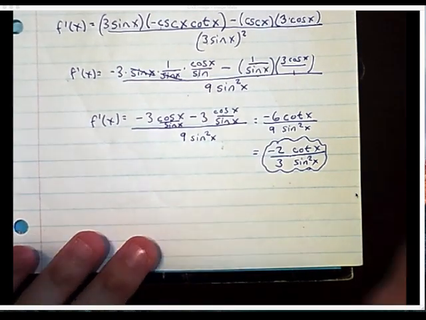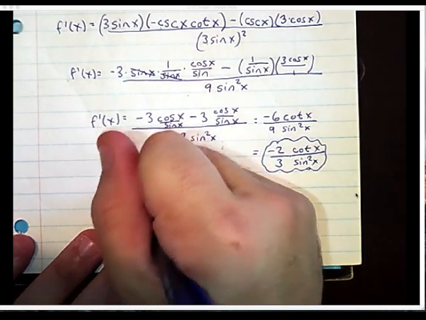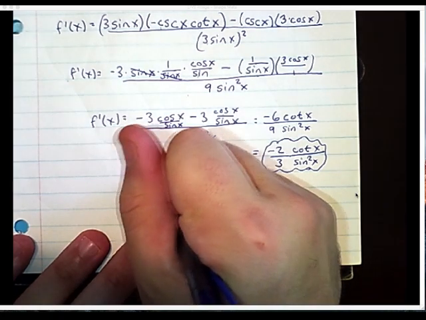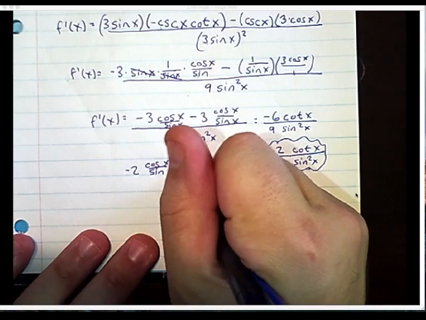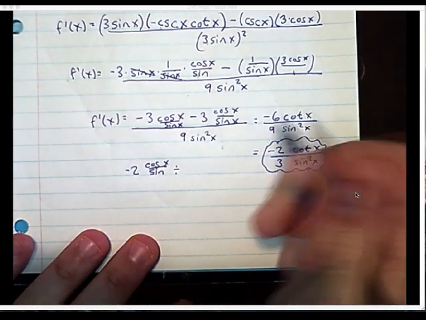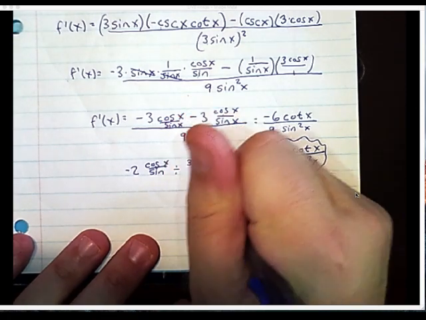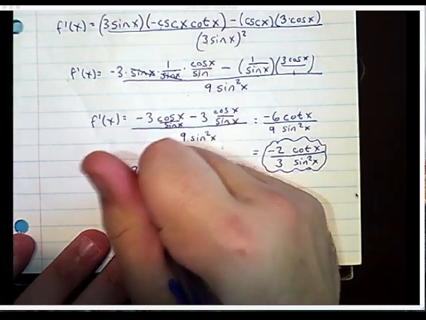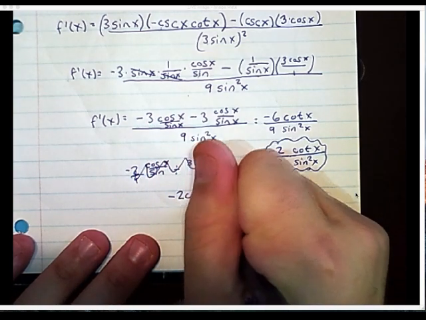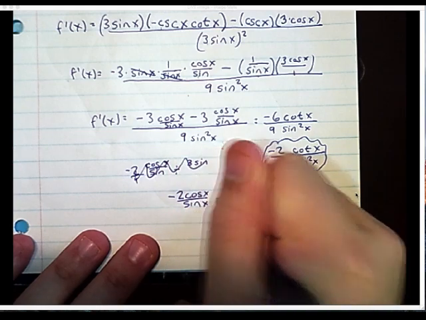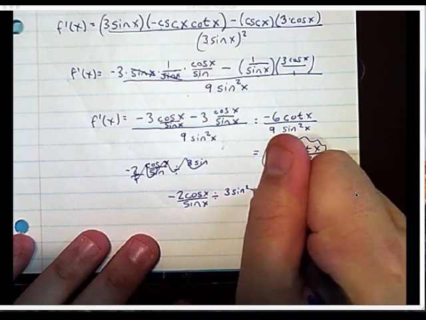Or if you wanted to, you could say, well, negative 2 cotangent, again, is cosine over sine, divided by 3 sine squared, oops. Negative 2 cotangent is like saying negative 2 cosine of x over sine of x divided by 3 sine squared of x over 1.